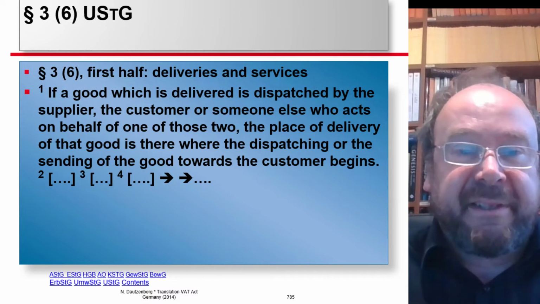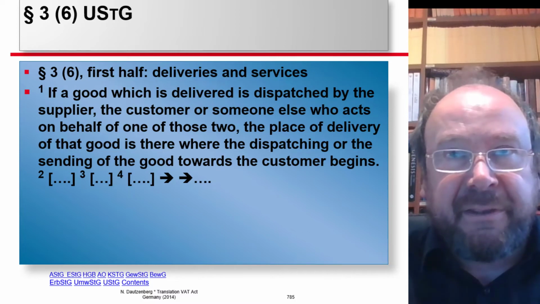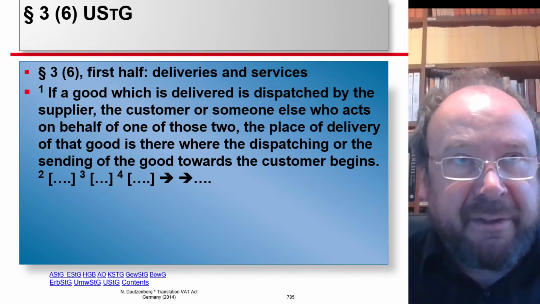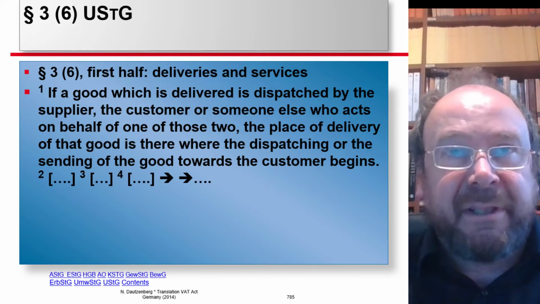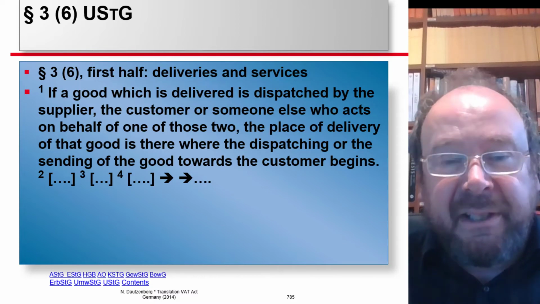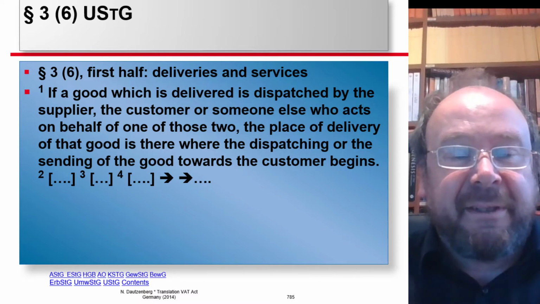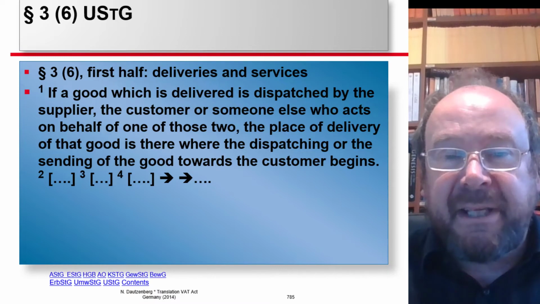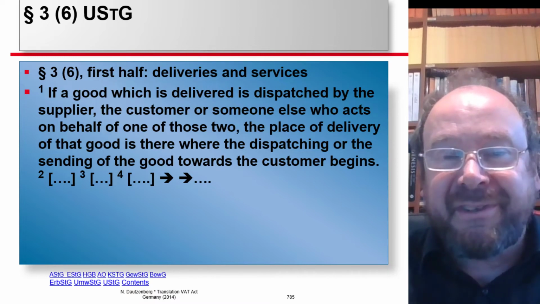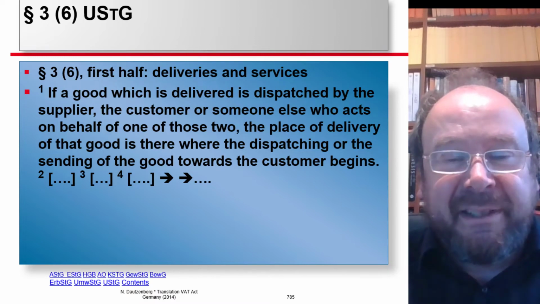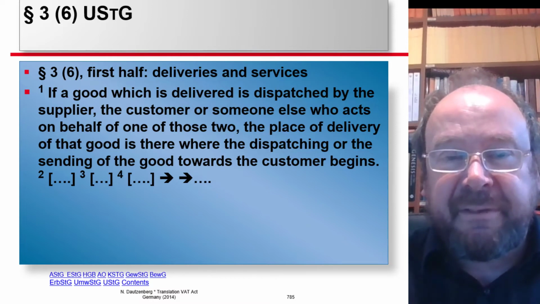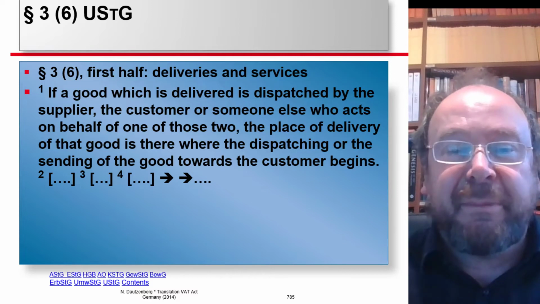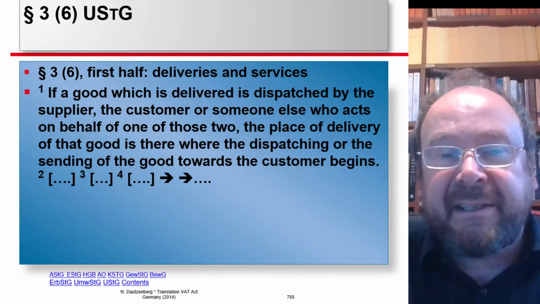Then some other sentences follow which regulate details: what is a transport by the customer, what is regarded as transport by the seller. All that is completely unnecessary, or nearly, because the basic rule is here and the other things only explain details, which play no role in most cases. So indeed, we remembered the rule correctly, where the place of delivery is where the movement towards the customer begins. That is in the grocery in Cologne, and that is in the inland.